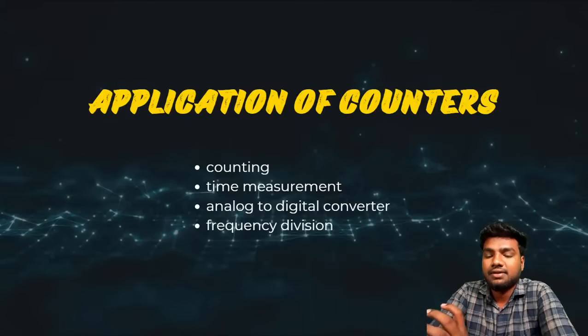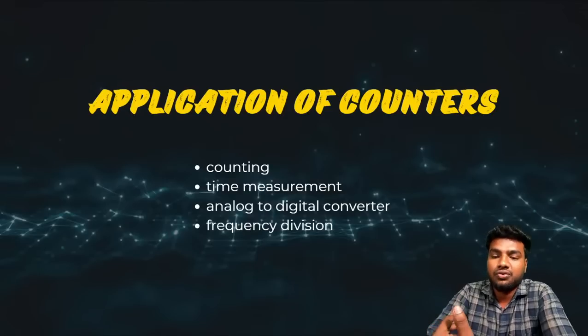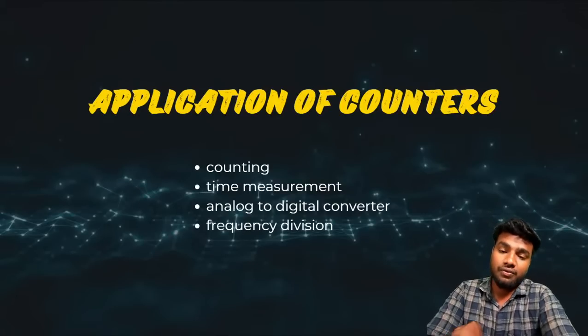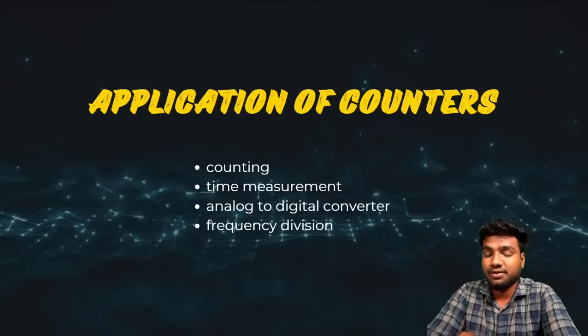For that it may do up counting, but mostly traffic lights use down counting, decrementing like 15 to 0 or 5 to 0. Based on that, counters are used in time measurement, analog to digital converters, and also in frequency division.